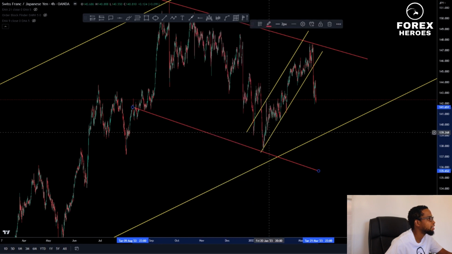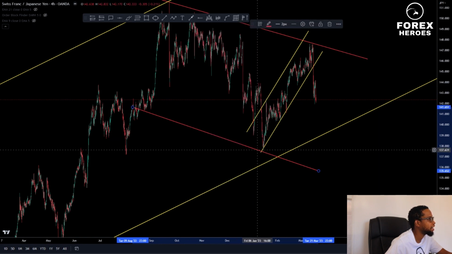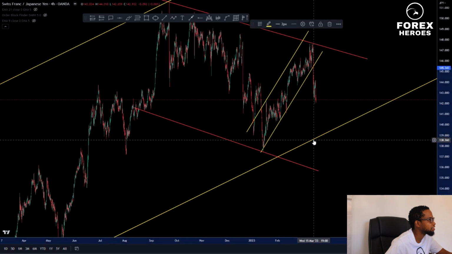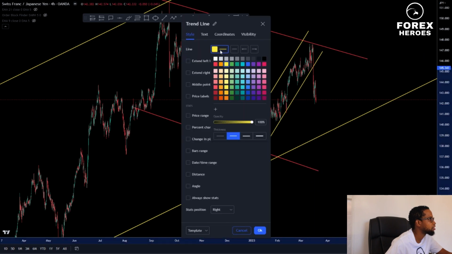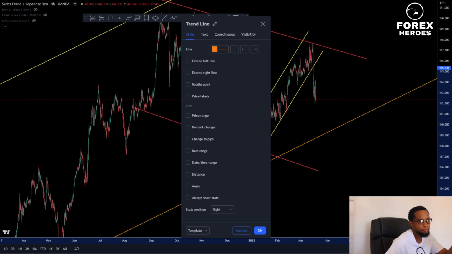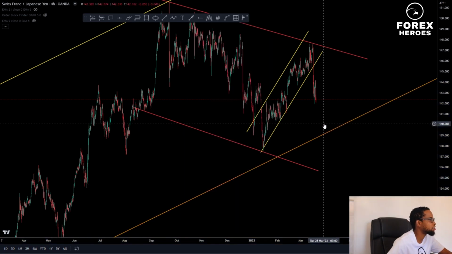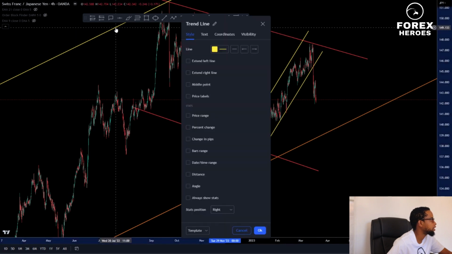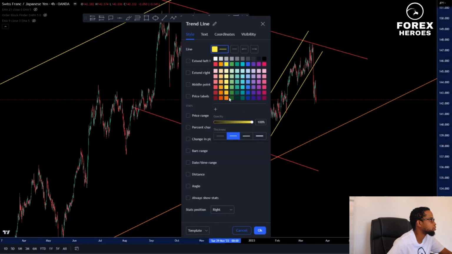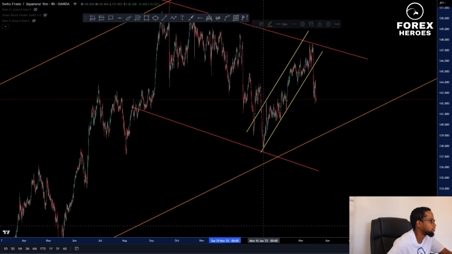You can see the red channel. We have the red channel and we have the yellow channel. I'll change this one as well to, let me just say orange. As you can see, I changed this one to orange and this one as well to orange. Okay.